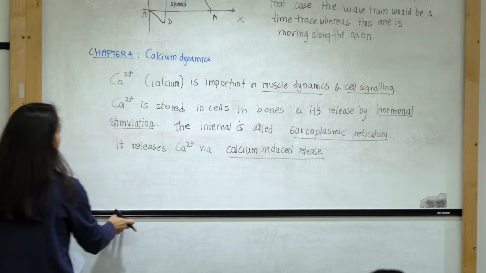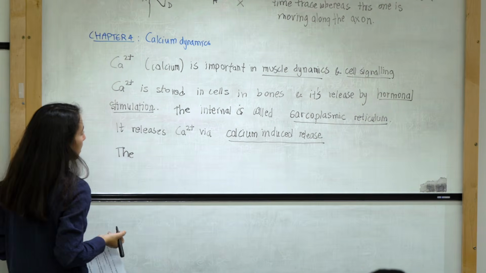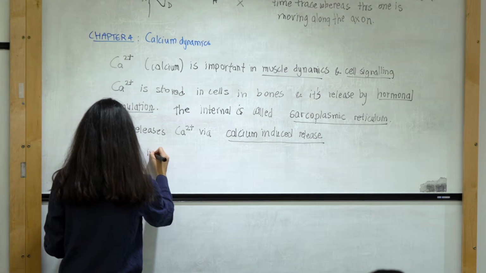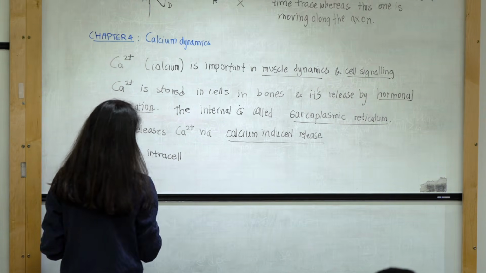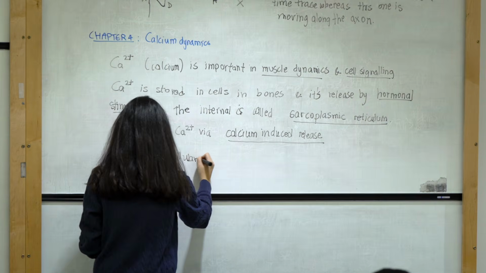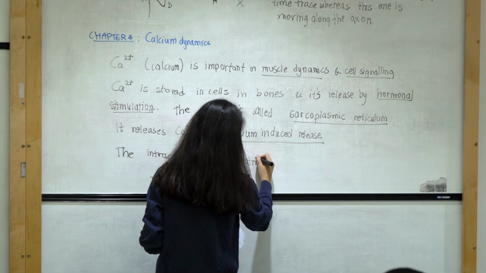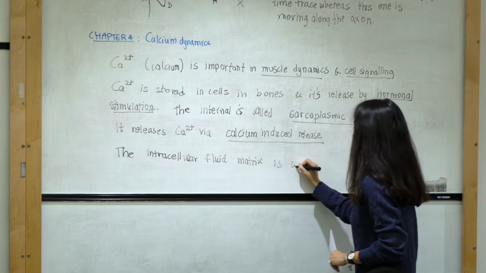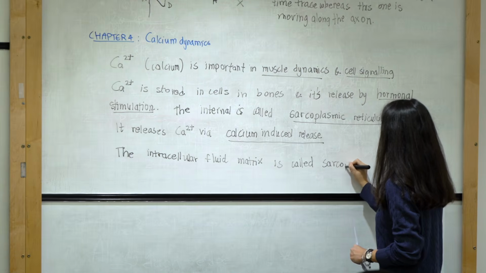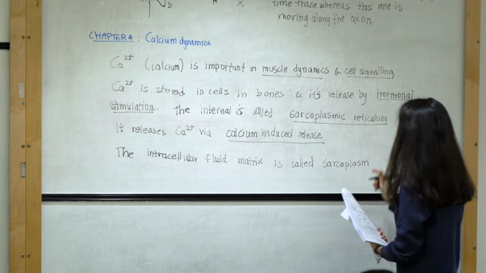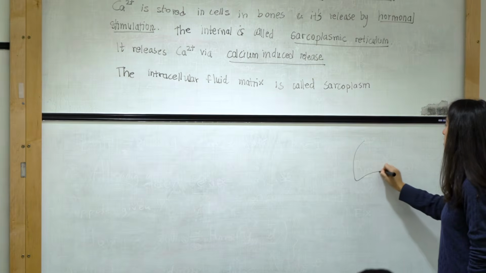Finally for today, I will give you another definition. In this sarcoplasmic reticulum, we also have an intracellular fluid called the sarcoplasm. If you want to see the picture, I will do it next time.